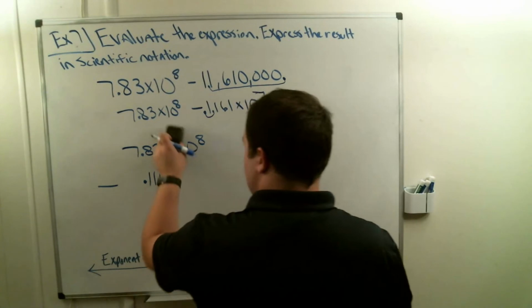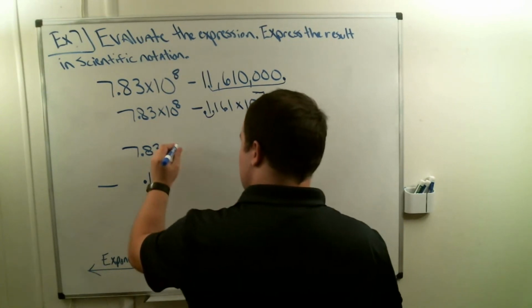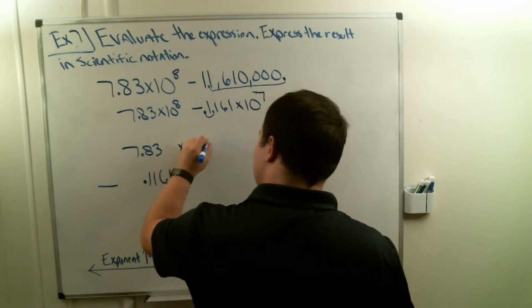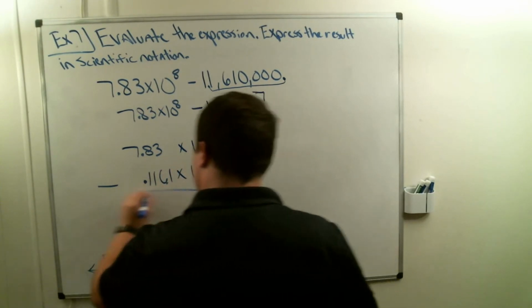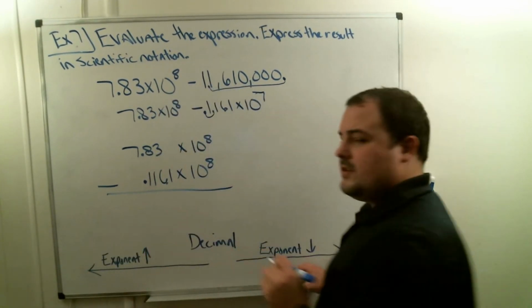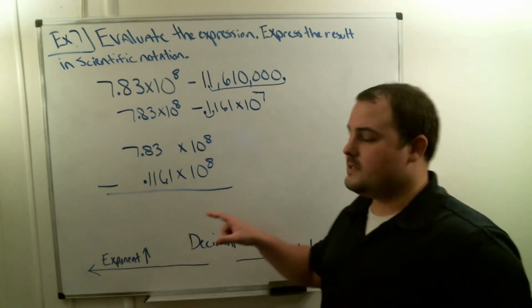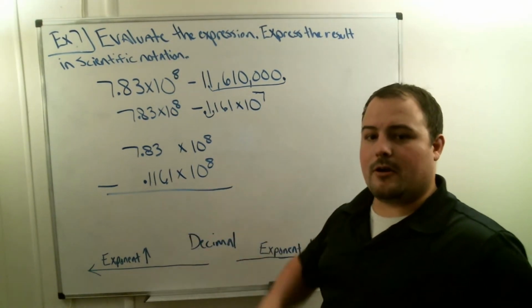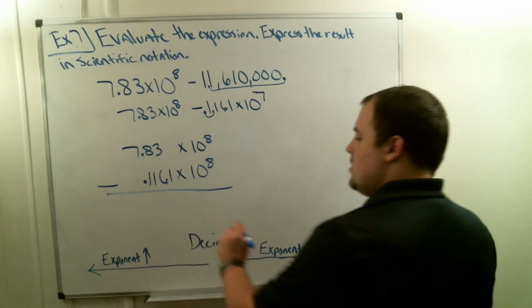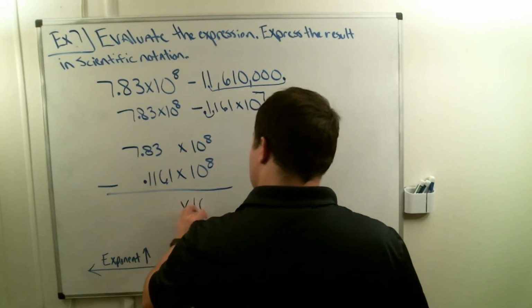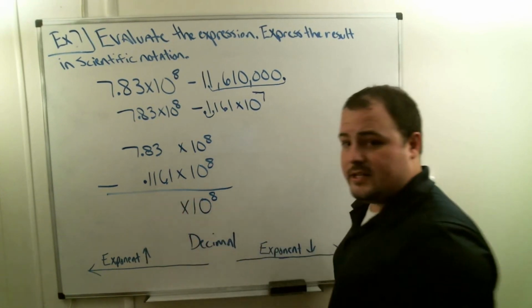I'm actually going to slide this over so there's more room. And since we moved the decimal over one space, they're both now 10 to the 8th power. As an addition, your exponents don't change. So I'm still going to have 10 to the 8th power as my final answer.